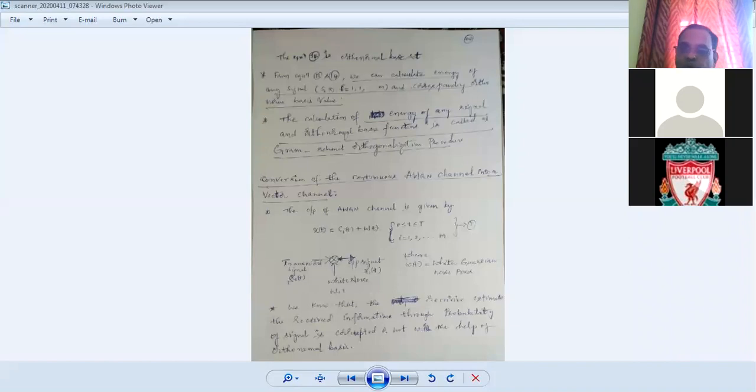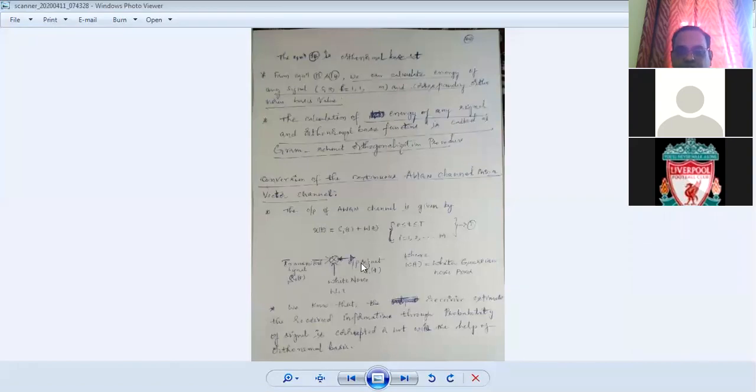The output of the channel is equal to the transmitted signal plus the white noise introduced during this channel. White noise is an integration of the so many noises present in the channel, just as white light is an integration of most of the colors.